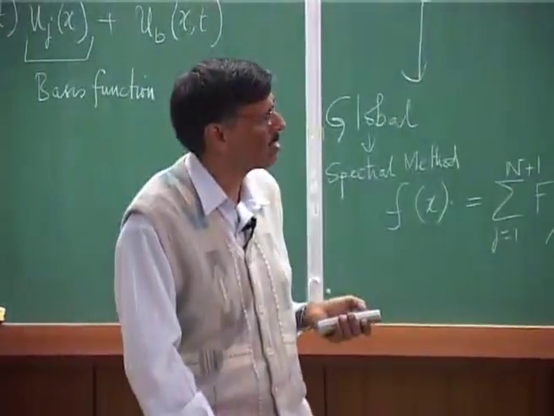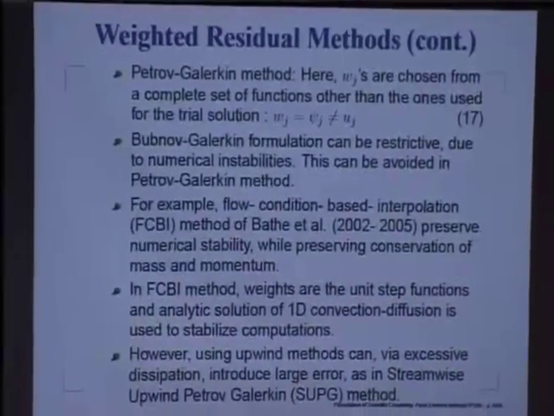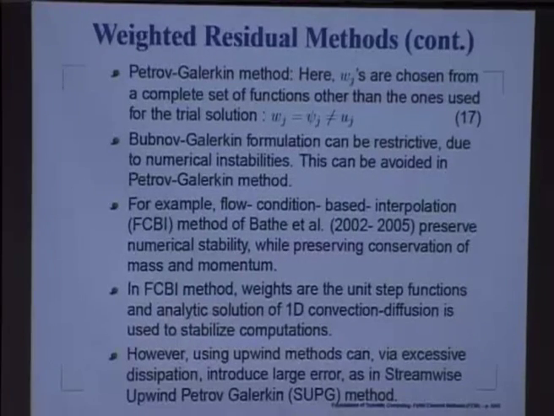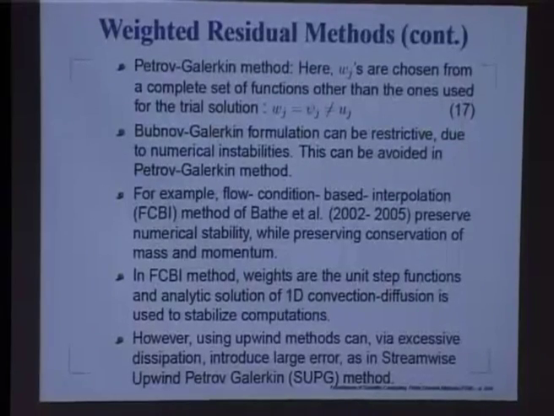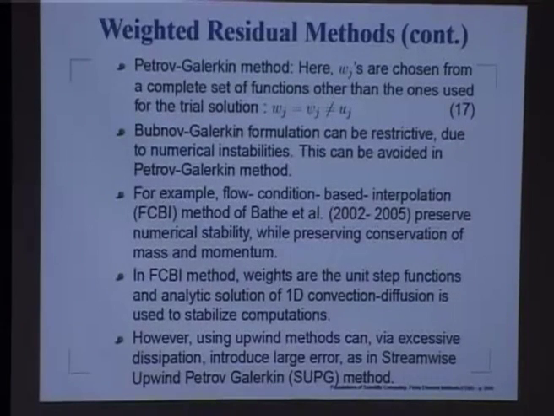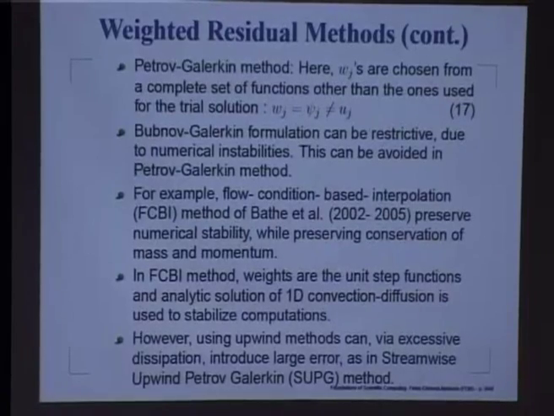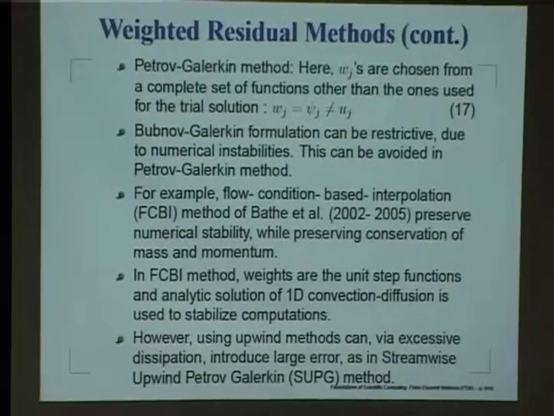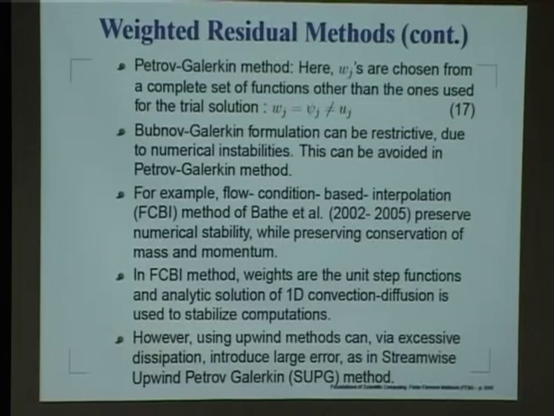This was actually necessitated by the observation that many a time one finds that the Galerkin formulation suffers from numerical instabilities. This has been one of the major issues that up to the 60s and 70s people were focusing their attention on in developing Galerkin methods, the Bubnov-Galerkin variety, and people experienced difficulties time and again with numerical instabilities.